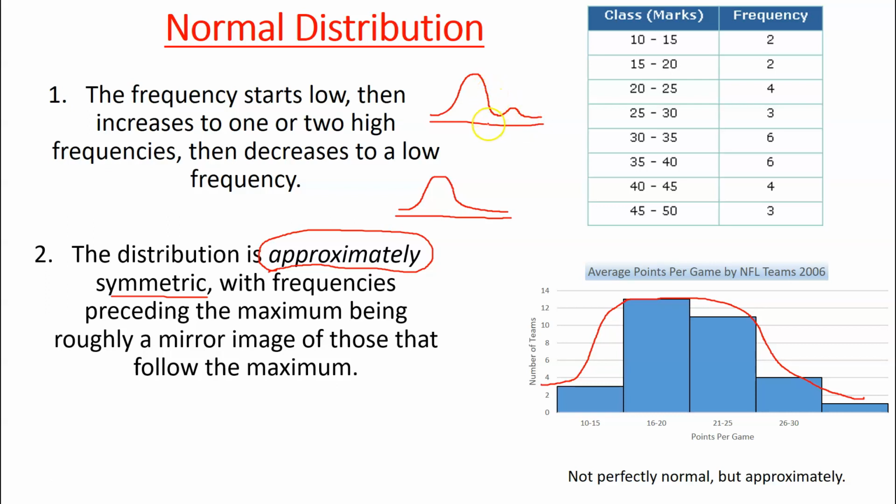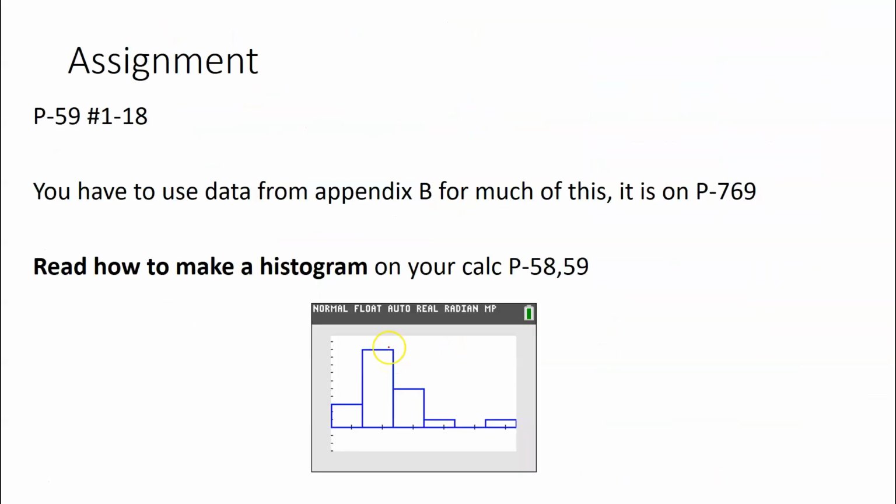That one's probably a no as far as being a normal distribution because we had a maximum and then a secondary maximum that was much lower. They should be roughly, again, this is a vague term, roughly a mirror image. So it doesn't have to be perfectly symmetric. Again, I picked this on purpose because I didn't want it to be perfectly, just approximately symmetric.